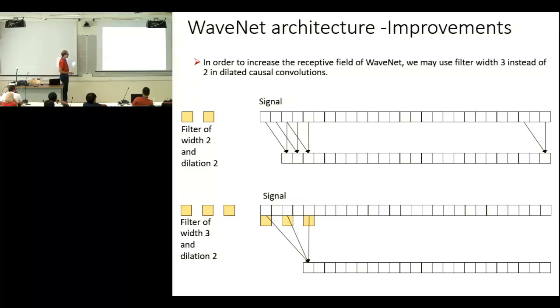One may say, okay, but if we have filters of width 3, how can we simulate causal convolution? It's very simple. We just shift the output. For example, we assume that our time step is this one and all this filter is in the past. Just by shifting, we can simulate the causality of the filter.